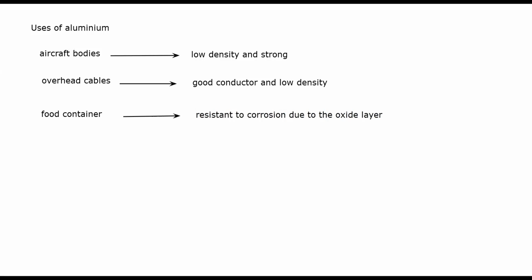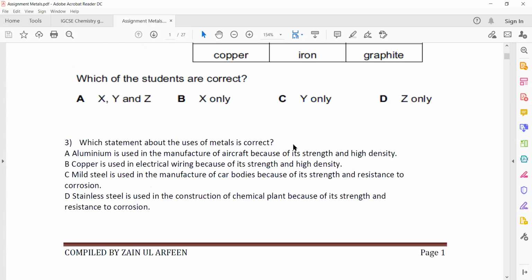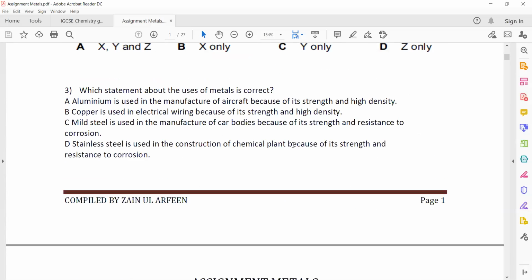So we will now discuss questions related to this topic, extraction of aluminium. Question 3. What could be the answer for question 3?